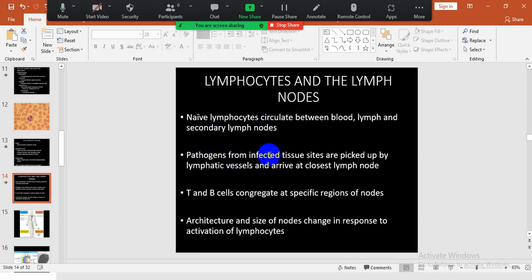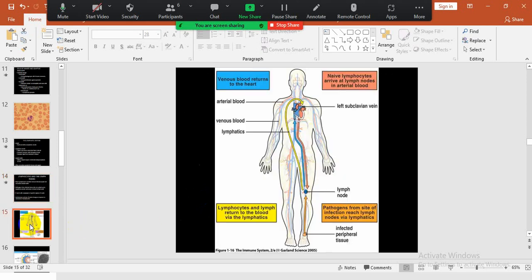So pathogens from infected tissue sites are picked up by lymphatic vessels and arrive at the closest lymph node. T and B cells congregate at specific regions of the node. Architecture and size of the node change in response to activation of lymphocytes. So if we have an infection over here, maybe you had what? A needle prick or a sore or a wound over here.